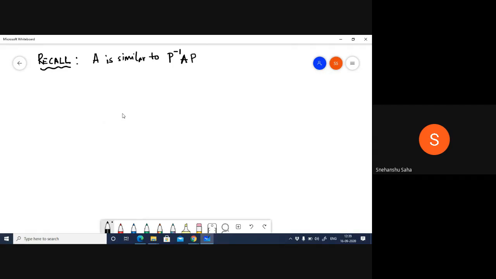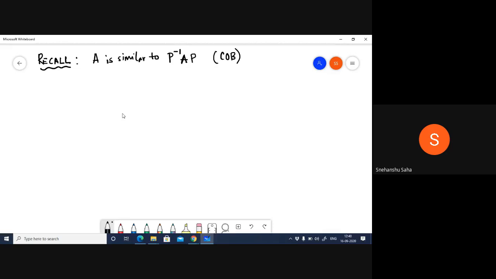So basically, you have to be able to find this. This is just an example of a change of basis, because we are able to find the change of basis matrix with full rank such that its inverse exists, and you are able to express A in terms of this.